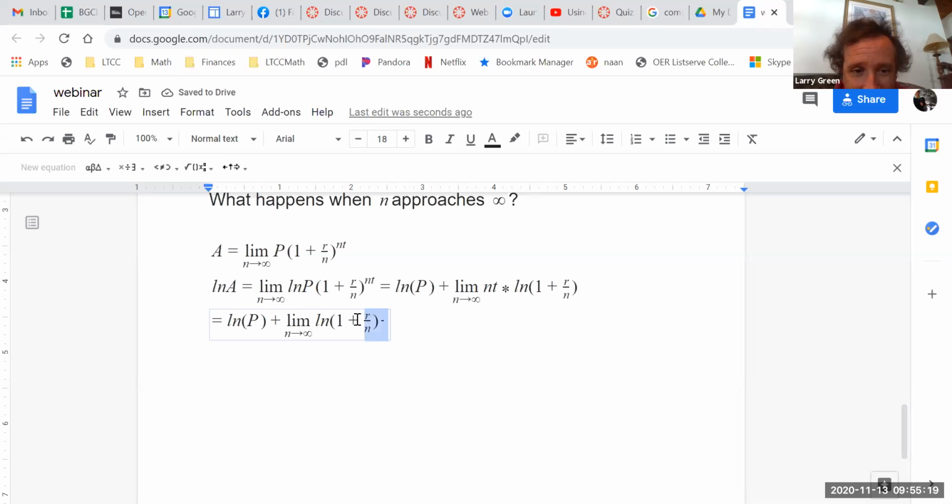I'm going to say this is the same thing as ln of 1 plus r over n over 1 over nt. Any questions on this trick?